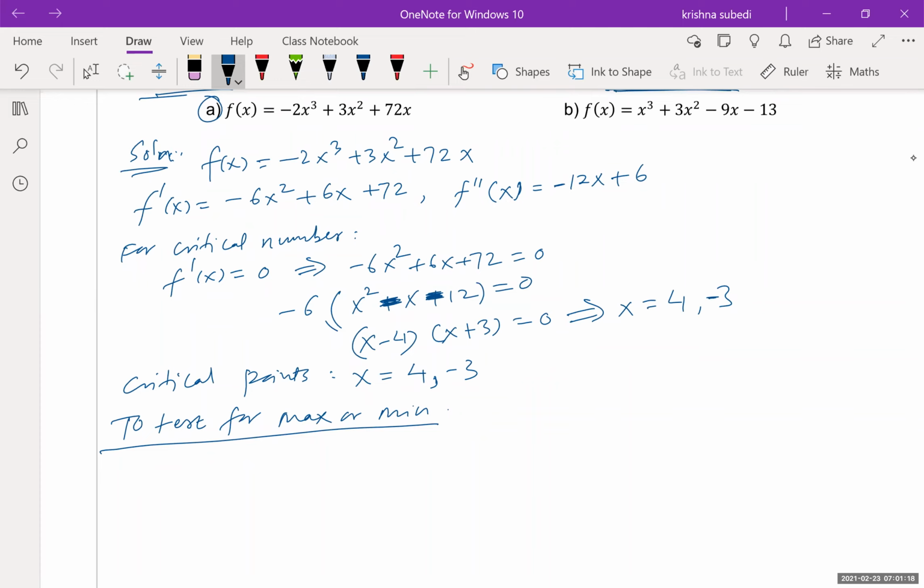Now, let us use the second derivative test. We can use the first derivative test as well if we like, but we want to learn the second derivative test here. So second derivative test means, let me just copy the second derivative.